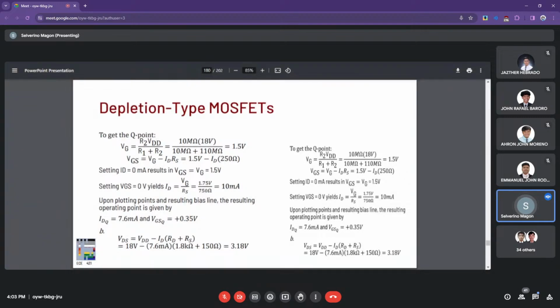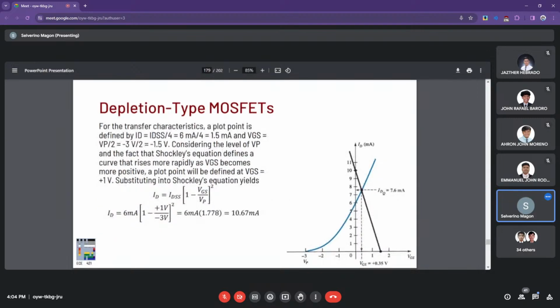While for the VGS at 0, we can have the drain current at 10 milliamps. So once we have that 10 milliamps at 0 VGS, that's when we can plot this line right here.